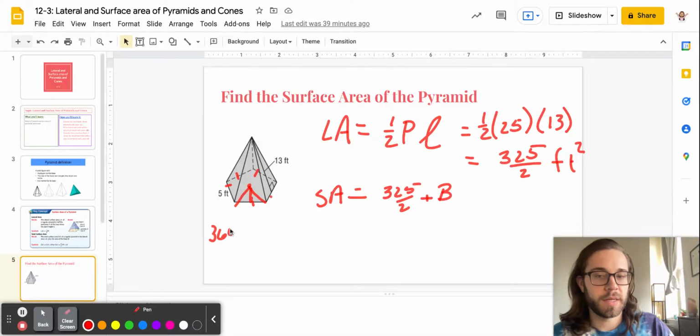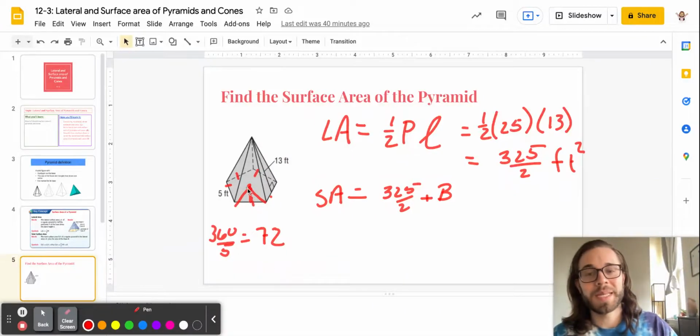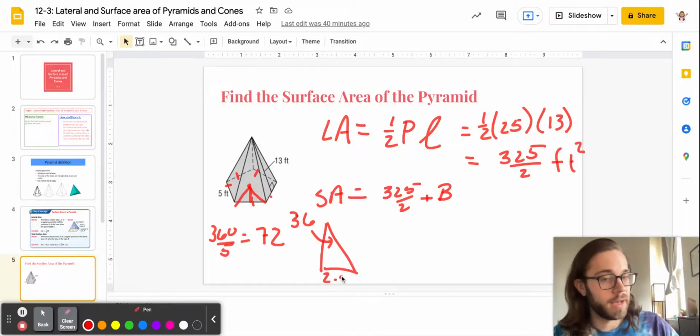So we have 360 divided by 5, which is 72. So then when we set this up, we have to cut this in half. So this ends up being 36. We have a side of, again, we cut it in half, so 2.5. And I need the apothem here.